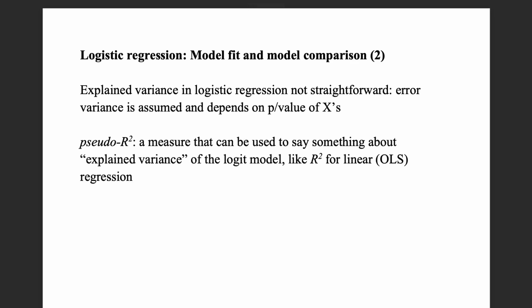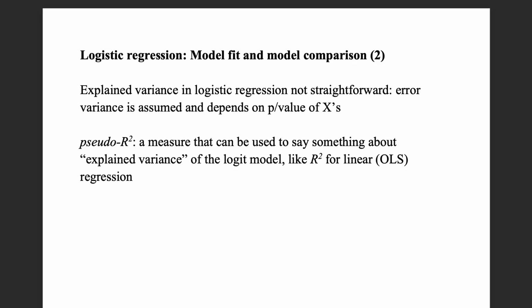Now, there are some ways to get around that and still have some kind of number that approximates what would be explained variance for our logistic regression model, so that you can interpret it like the R-square value for a linear regression model. But the basic underlying idea of doing that is a bit problematic, because we don't have variance like we have in the linear regression model. So it is kind of weird at the end of the day to say something about explained variance.